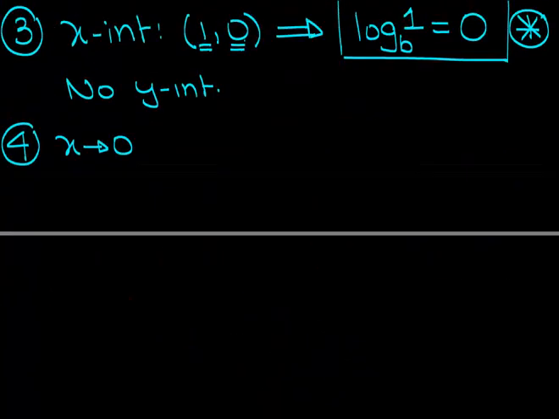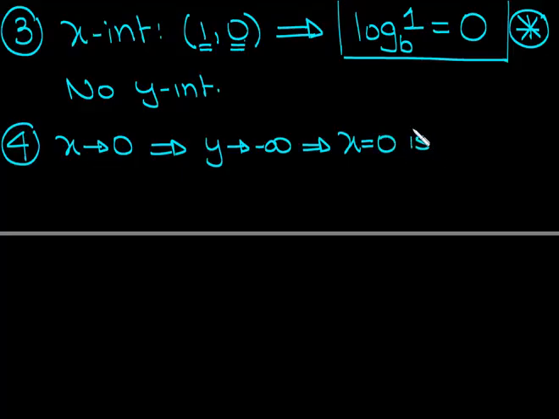So in that case, y goes to negative infinite, which implies x equals 0 is a vertical asymptote, because whenever you approach a number and things blow up, we have a vertical asymptote, if you remember from the section on rational functions.